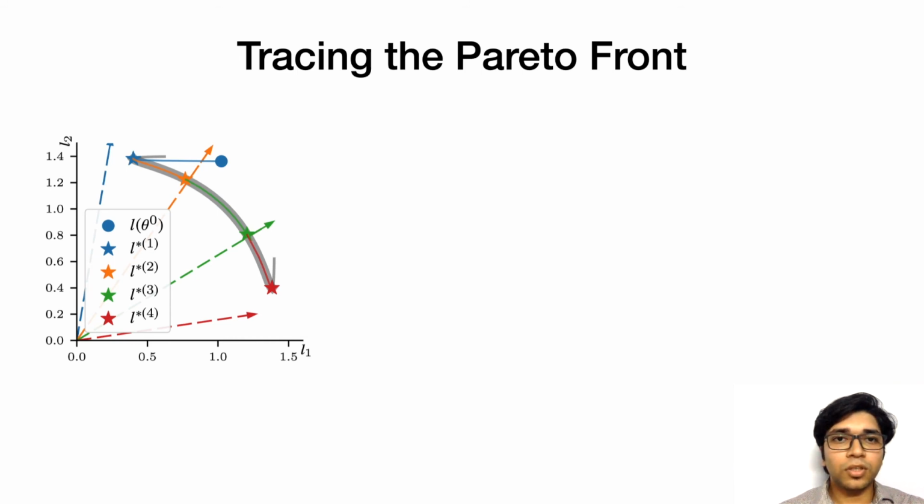In this figure, the solution of the blue trajectory is used as initialization for the yellow one, and the solution of the yellow one is used as initialization for the green one, and similarly for the red one as well. Notice that if the user preference ray does not intersect the Pareto front, like here where the blue and red rays do not intersect, then our method finds the closest possible solution.